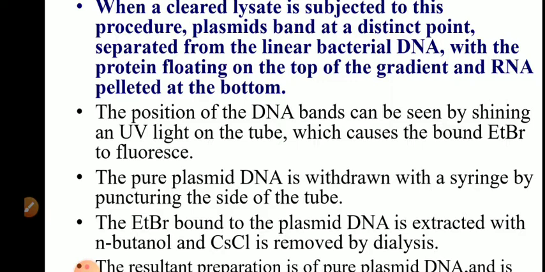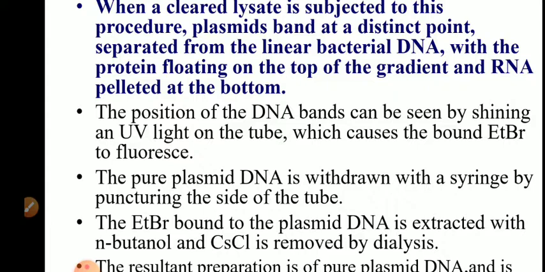Plasmid bands at a distinct point, in the lower position, separated from the linear bacterial DNA. So bacterial DNA will be above the plasmid DNA. So plasmid and bacterial DNA separate and form bands at distinct points, with proteins floating at the top and RNA pelleted at the bottom. So in a single spin, you can separate all four.